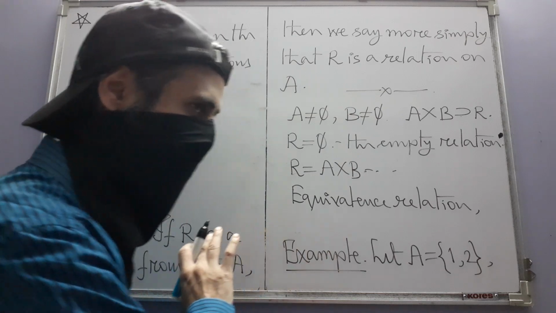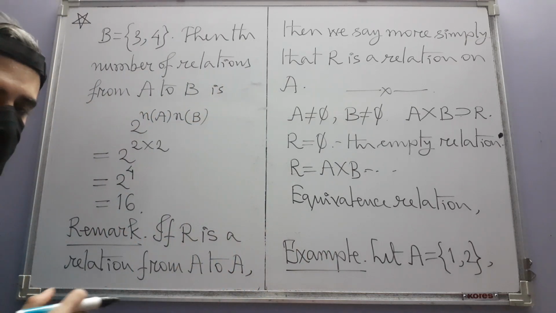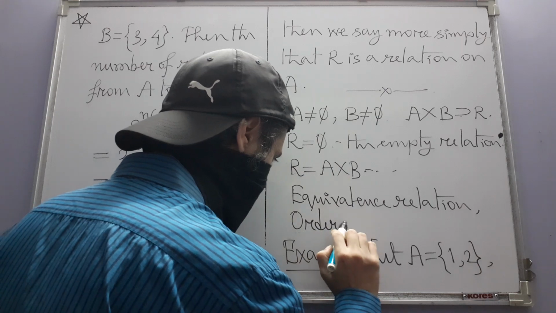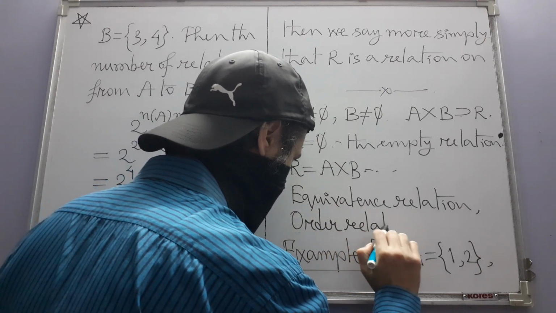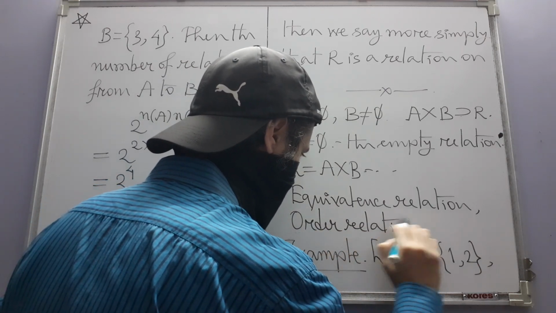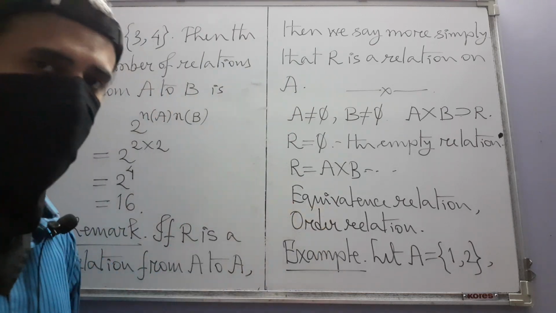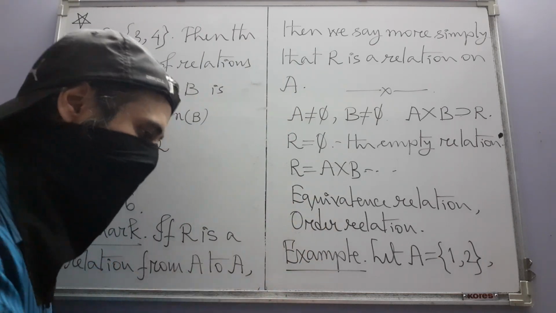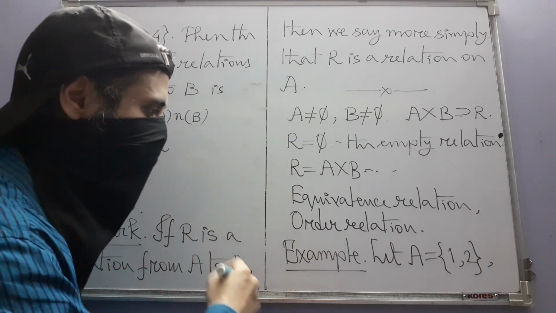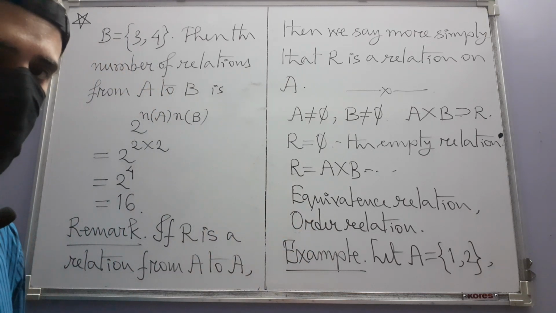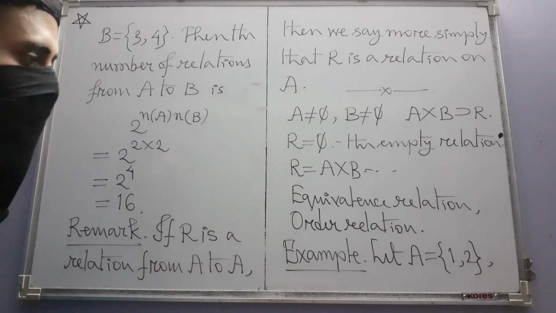I'm not going to say anything more on this, just the names. Order relation. These are not single examples. There are many equivalence relations, there are many order relations. These are types of relations which satisfy some extra conditions.